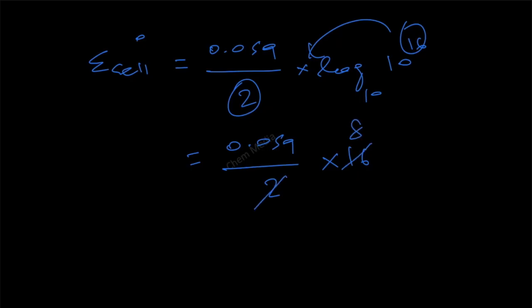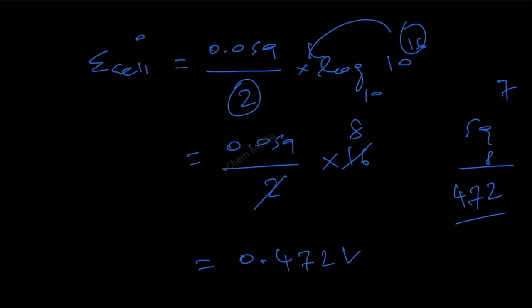So therefore, this is 8 times, this means 0.059 times 8. 59 times 8 would be 8 times 9, 72, remaining 7. 8 times 5, 40, so 47. So therefore, this will be 0.472 volts.